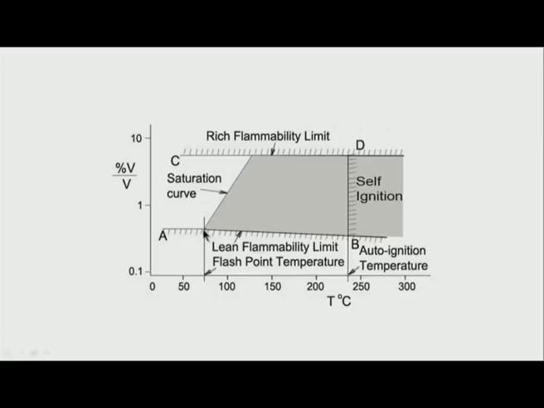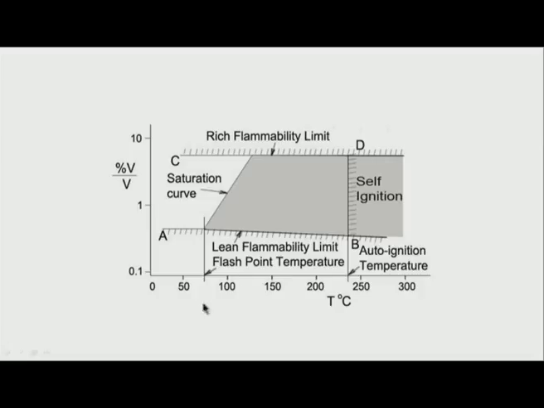At the intersection of the vapor pressure curve and the lean flammability limit, I get the flash point temperature. If I want a fire point temperature, the temperature needs to be much higher, and if I increase the temperature further, as we saw earlier, we reach the critical temperature or auto ignition temperature at which self ignition takes place, and this is how we categorize the safety aspects of a volatile liquid.